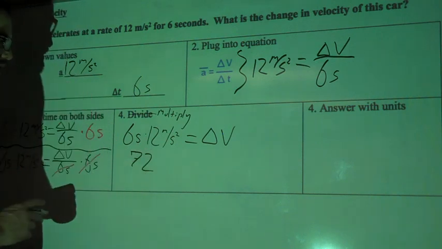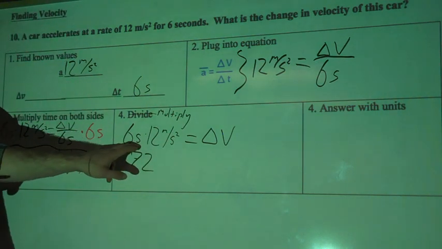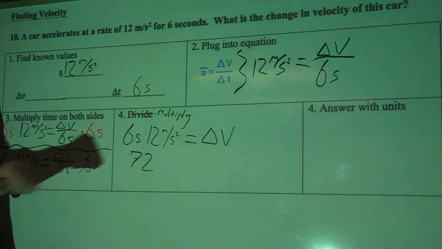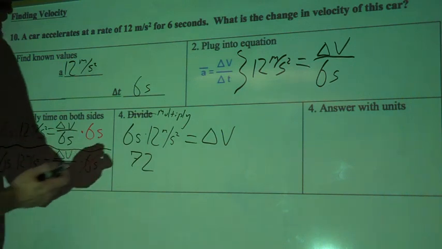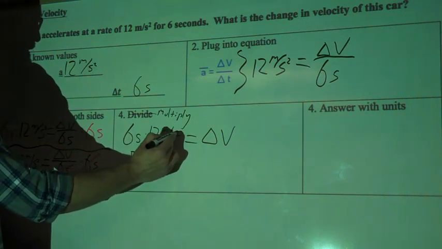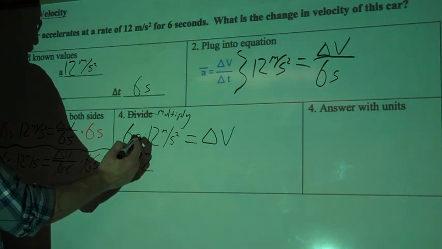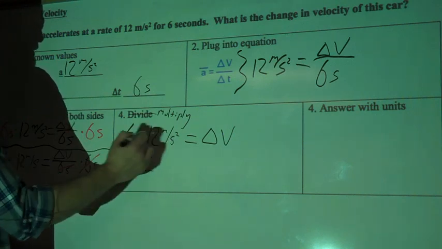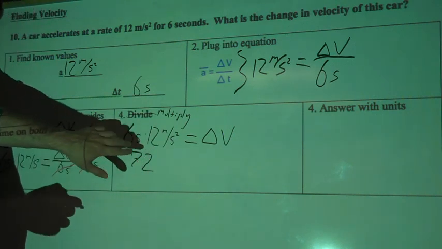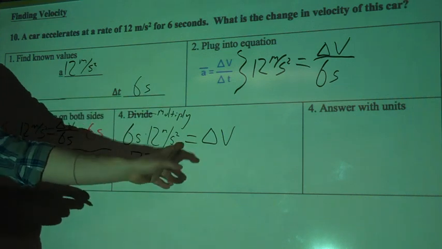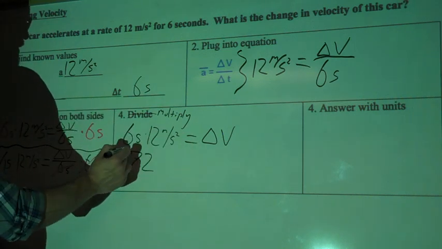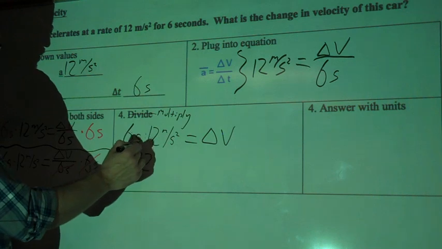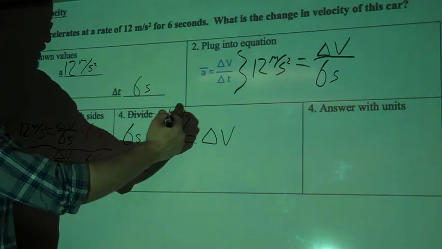Okay, and then I've got this 6 seconds and then 12 meters per second squared. Now what's actually going to happen here is we're going to cancel out this second and one of these seconds, because this is on the top of a fraction and this is on the bottom of a fraction, right? You're looking at seconds, and we could just say that this is 6 seconds over 1, and this is meters over seconds.